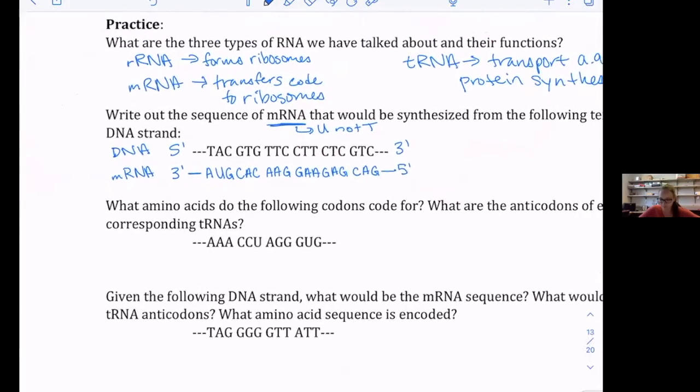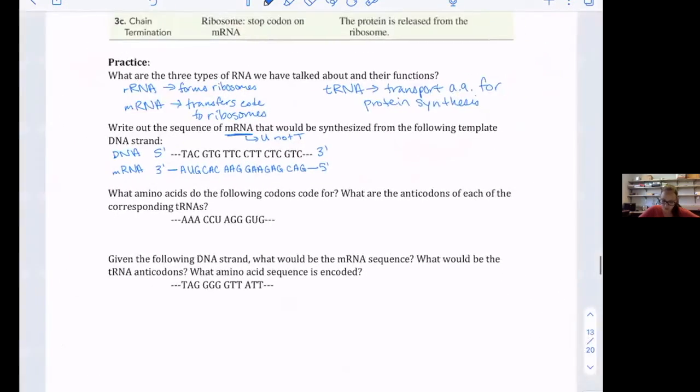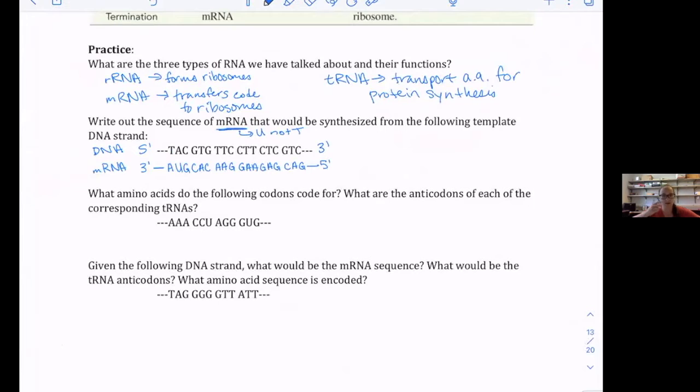Okay. So that's the answer for that one, how we would get to our mRNA strand. It's the complementary base pairs, making sure we use the correct kind of bases.